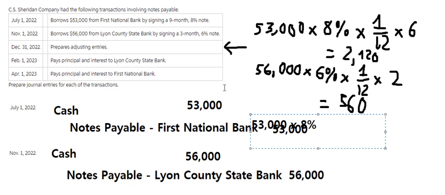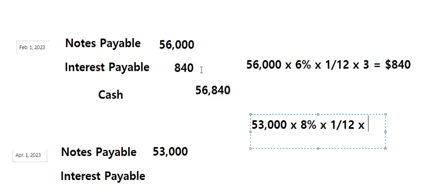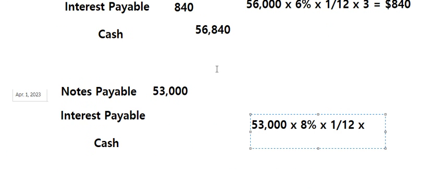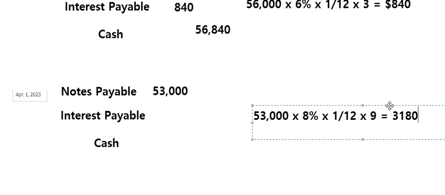We divide by 12. We multiply by 9 months. And this one we calculate, and we have about 3,180. So we put this number in the column here.